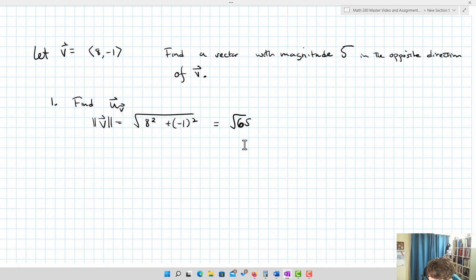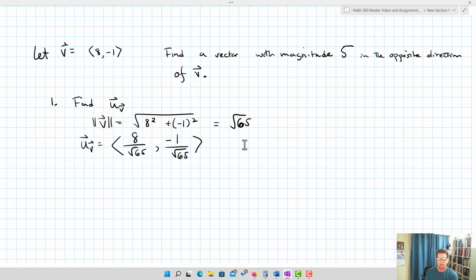And then the unit vector, U of V, is going to equal 8 over root 65, comma, negative 1 over root 65. There's our unit vector. We just divide through by the magnitude.